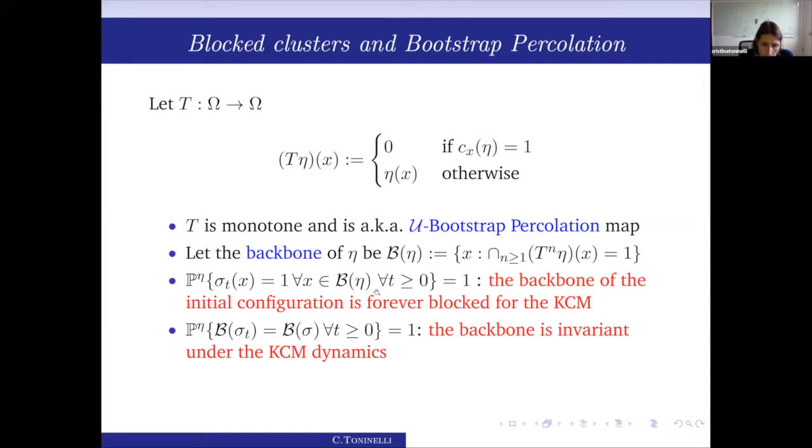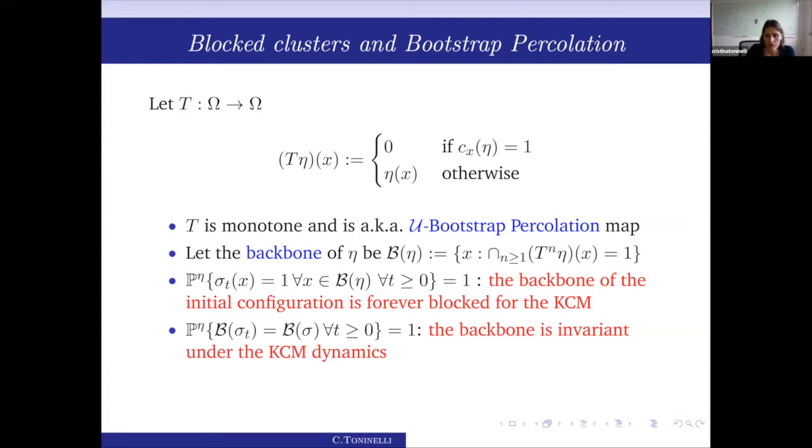And furthermore, if at any later time I take the configuration on which I have evolved and check what the backbone of this configuration is, it's always unchanged. This is trivial if one thinks about reversibility, but sometimes it's not so evident at first sight.